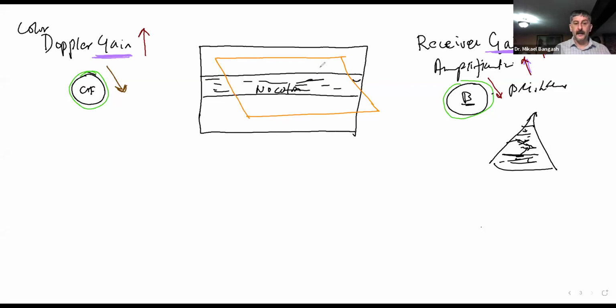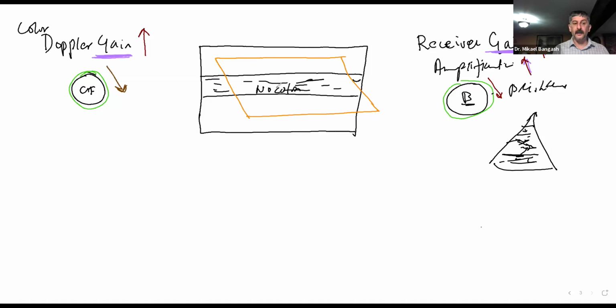We had an image, we turned on the color flow, the color Doppler. We made sure that the angle is optimal, but we still don't see any color. Why?